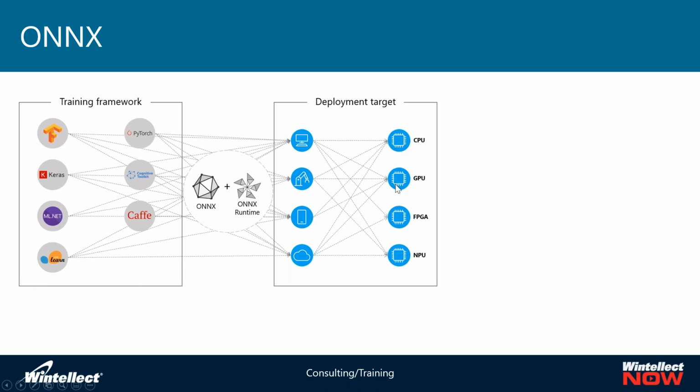So regular CPUs, GPUs, FPGAs, NPUs. This Onyx runtime is supported in almost all of these hardware types here, and a few others. Which means that the model I have in my machine learning can be deployed to any of these hardwares.